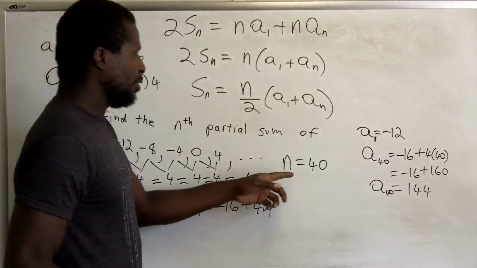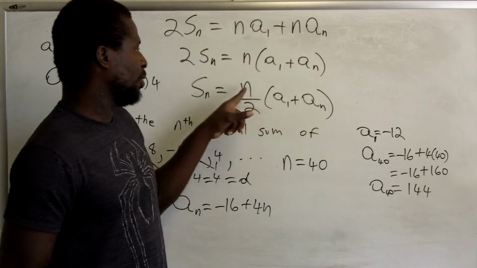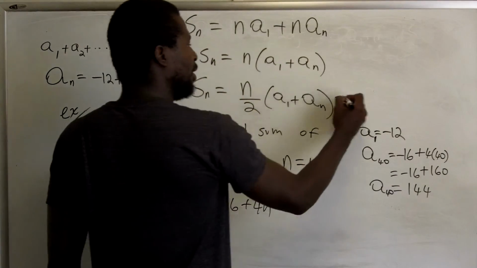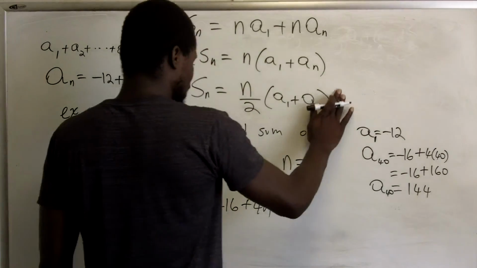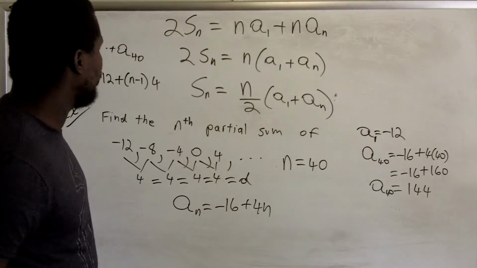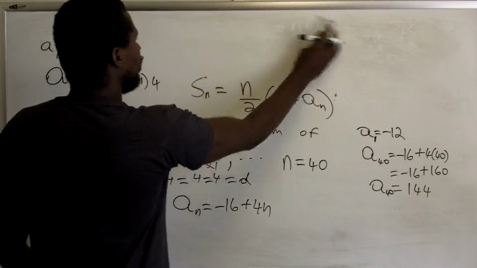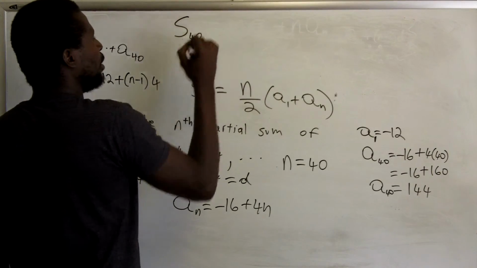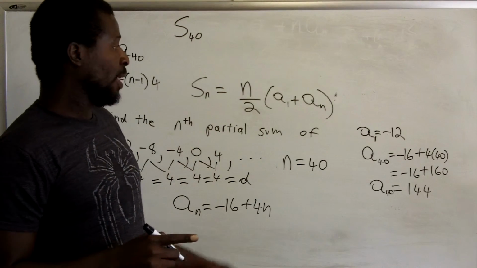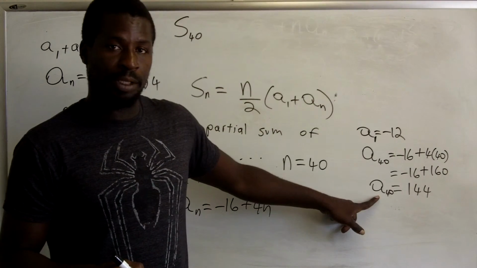So there I have the 40th term, a40, and I have the first term, and I also know that n is equal to 40. By this formula, what we're looking for is S40, the 40th partial sum, and we need the 40th term to calculate it.